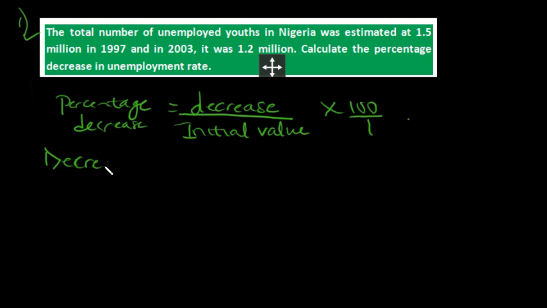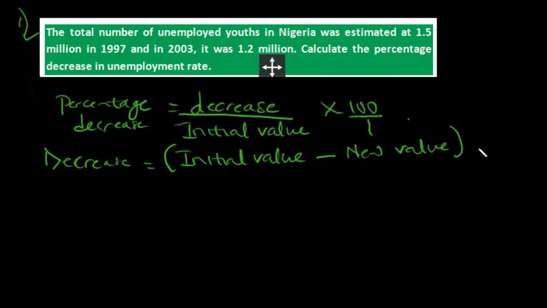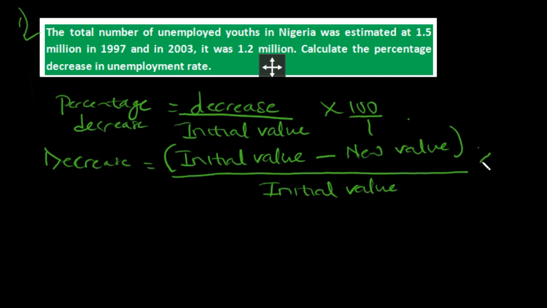Our decrease will be our initial value minus new value. So you can rewrite the equation as initial value minus new value over initial value, multiply by 100 over 1. Of course, this will be percentage decrease if you are rewriting the equation like that.